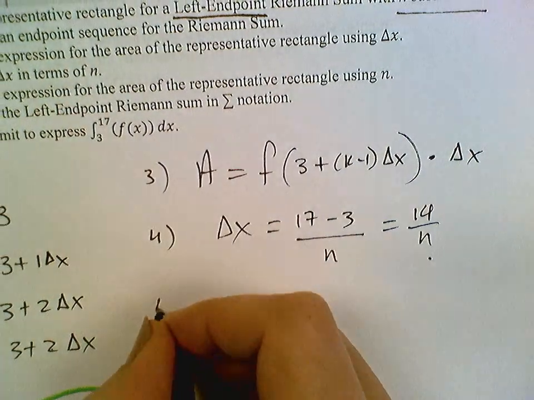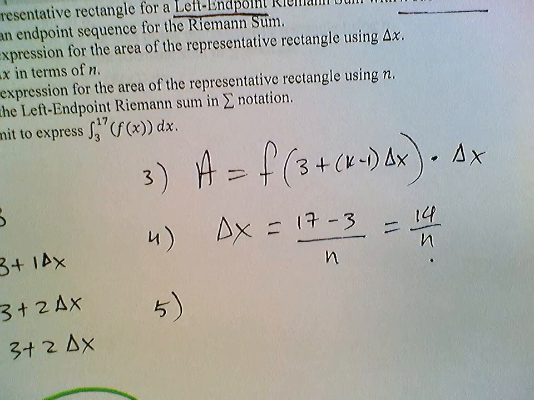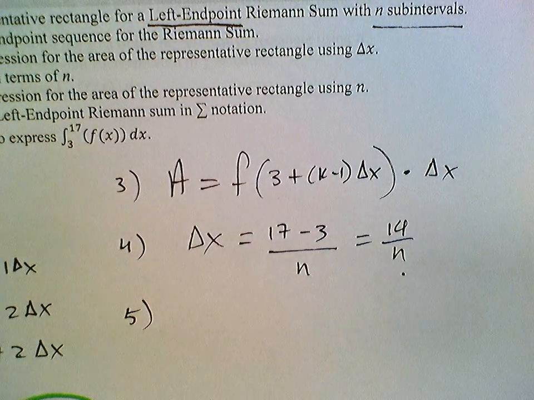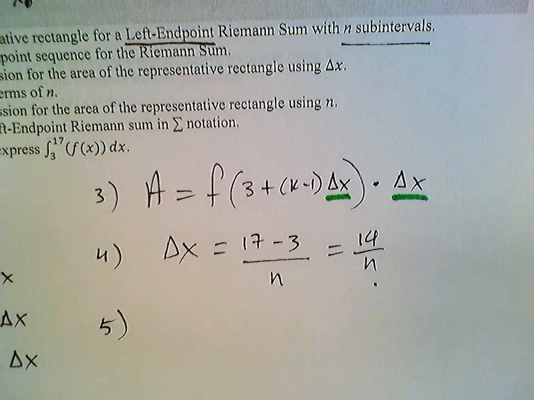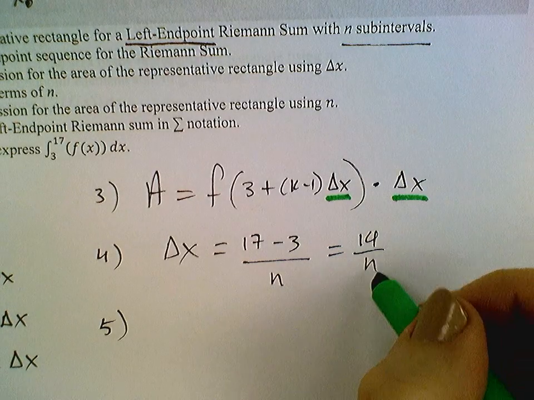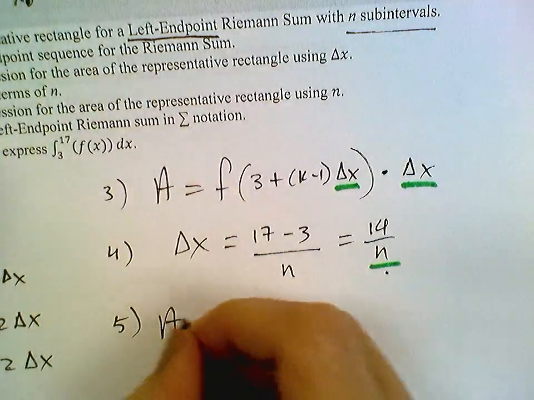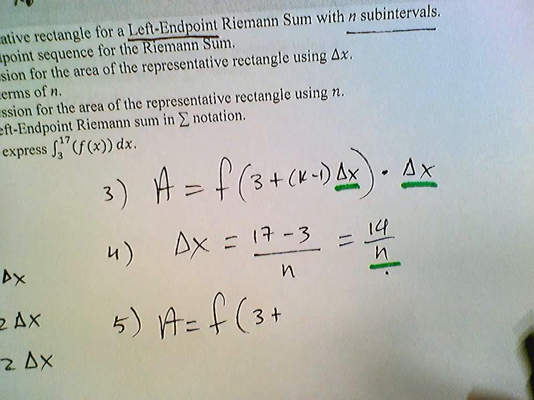So step 5, write an expression for the area of the representative rectangle now using n. So wherever we saw the delta x, we're going to put that in. So area equals f of 3 plus.